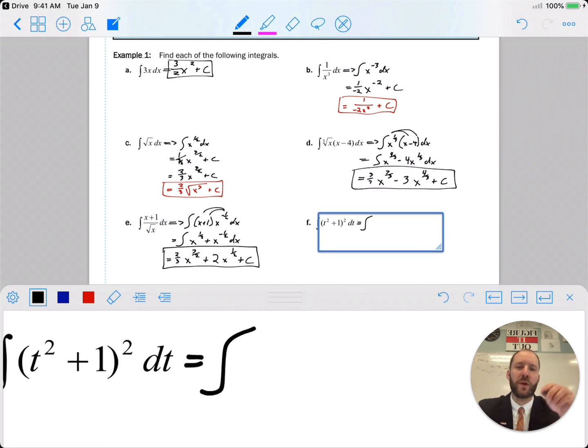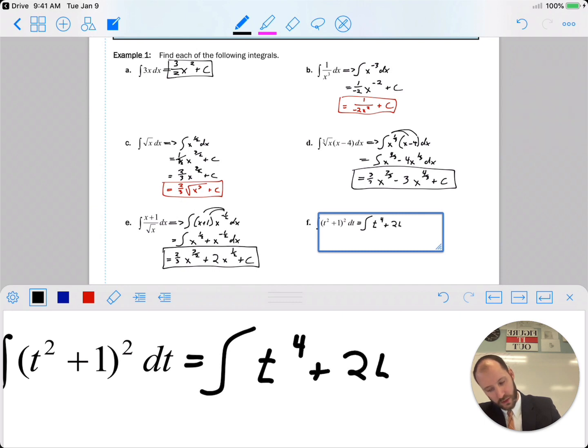So t squared plus 1 squared, to do yourself a favor, expand it out. So t to the 4th plus 2t squared plus 1. And then our independent variable is t, so dt.